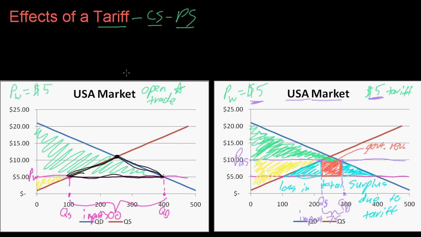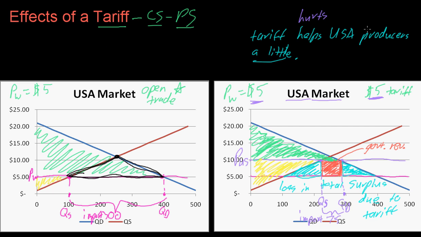So what happens is the tariff helps American producers a little. And this is the key part, a little. But the tariff hurts, and I'm going to write this above in a different color so you can see this, the tariff hurts American consumers a lot.